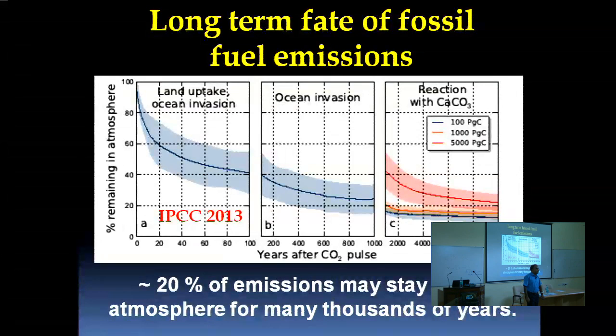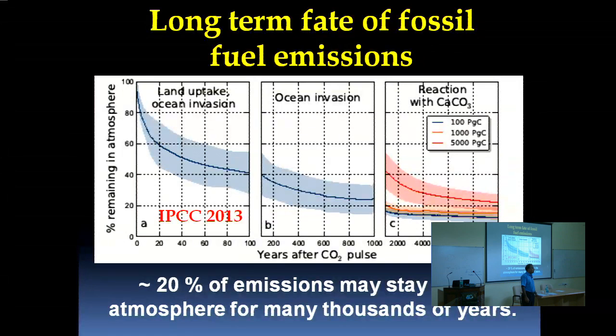I think this is a problem with CO2 emission. The CO2 that we are putting into the atmosphere today is really going to have a long-term impact, and it's not completely removed even on a 10,000 year time scale.